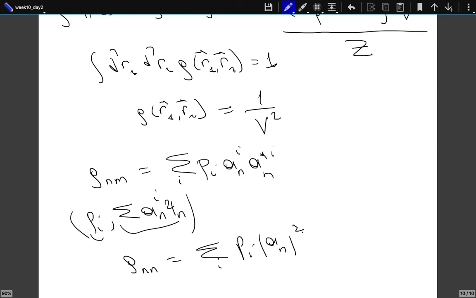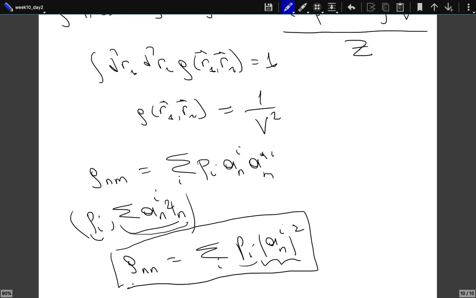Now this is the probability that, if my particle is in this state psi_i, I will measure it in the nth state. So I'm just taking the ensemble average in general. So in a sense, this is the average probability, the diagonal elements. Now, if I want to find the density of particles, the density of particles is essentially the probability of finding my particle at a given point.